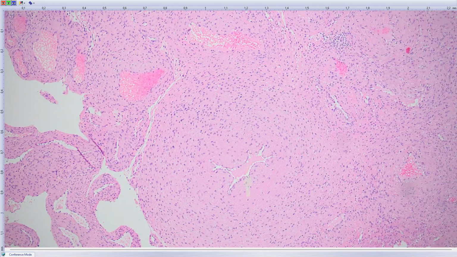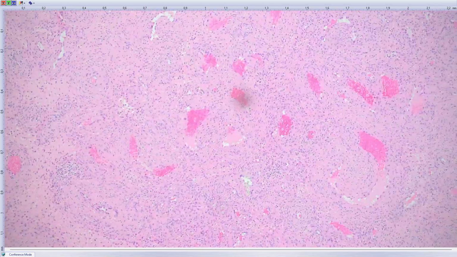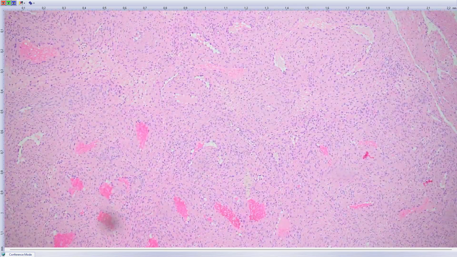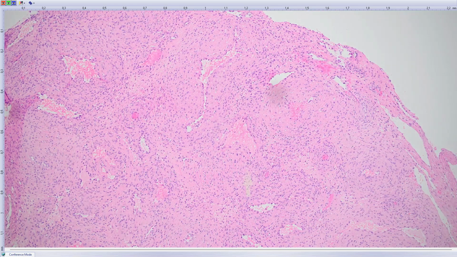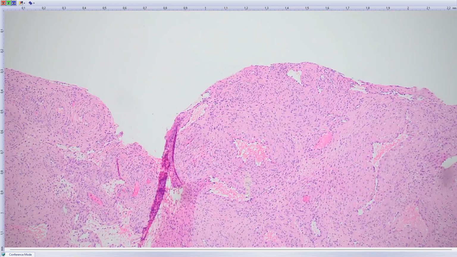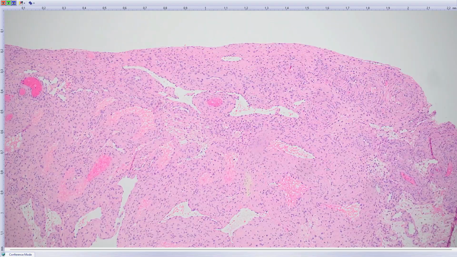They had in their center these prominent vessels. And if you look at these nodules centered around the vessels, you can see a concentric arrangement of the neoplastic cells. This is what we call pericytic arrangement. So this is likely to be some pericytic tumor.